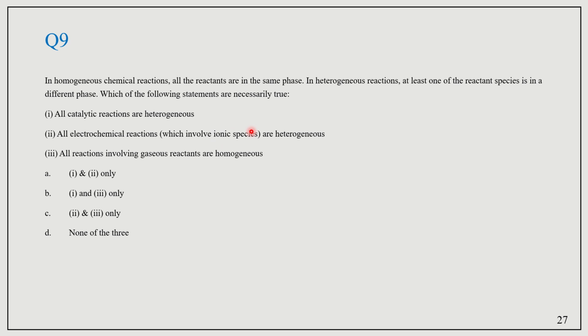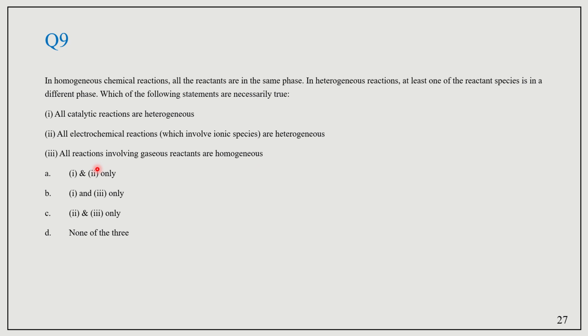There are cases where it is opposite. And third one, all reactions involving gaseous reactants are homogeneous. Again, this is false, because not all the time are reactions involving gaseous reactants homogeneous. There are heterogeneous reactions as well. So all three statements are basically false.